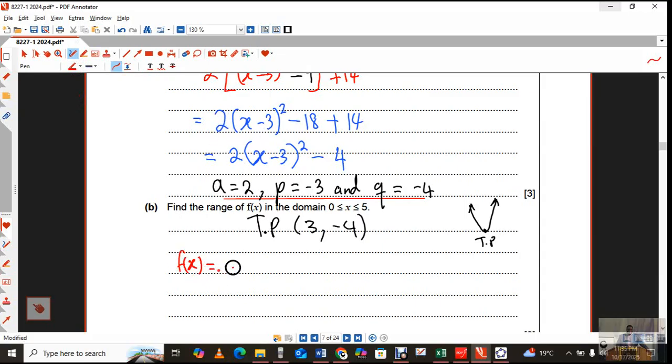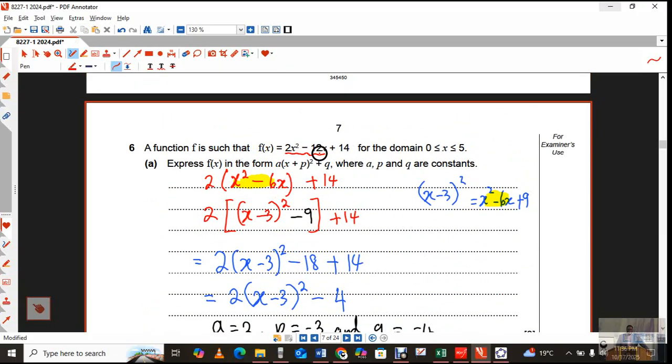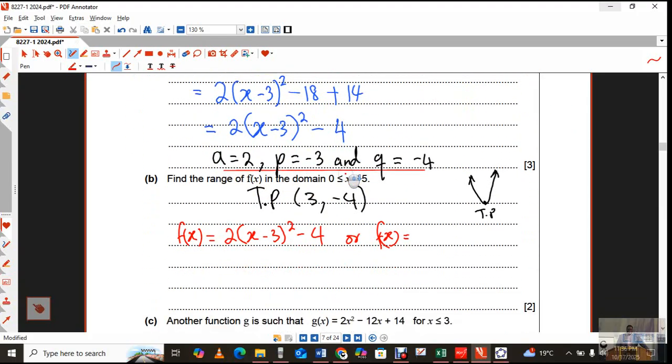It can also be 2 times x minus 3 all squared minus 4, or you can write f of x equals what they gave you in the beginning, which is 2x squared minus 12x plus 14. It's the same thing, just a different format of writing it.